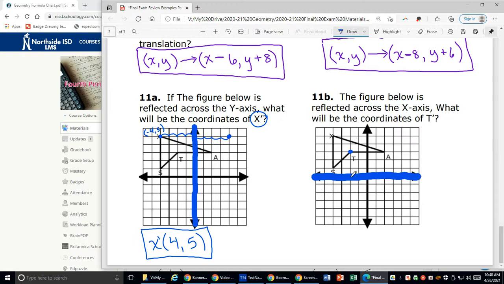T is at negative 2, 3. And so T prime is going to be the x, negative 2, and then the opposite of y, negative 3.